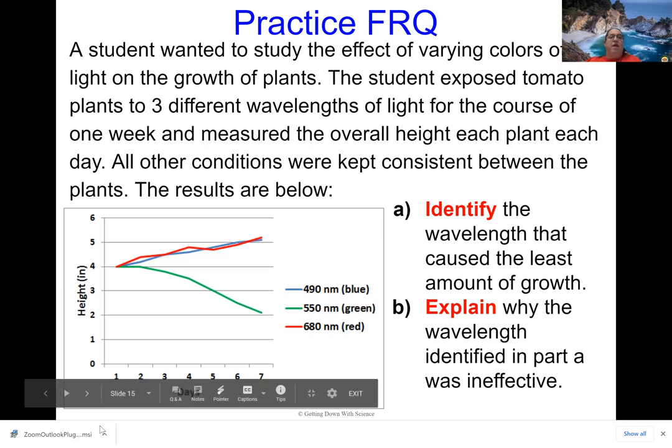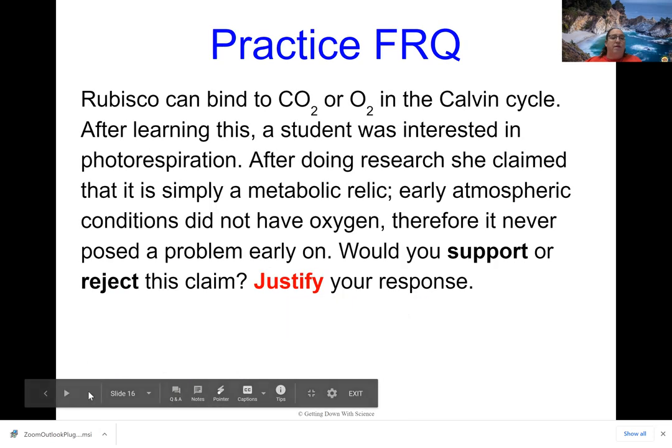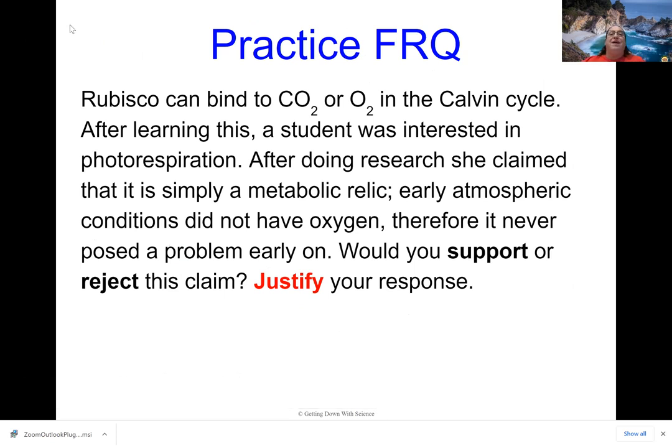Okay. So hopefully, here's our next one. Rubisco can bind to CO2 or O2 in the Calvin cycle. After learning this, a student was interested in photorespiration. After doing research, she claimed that it is simply a metabolic relic.